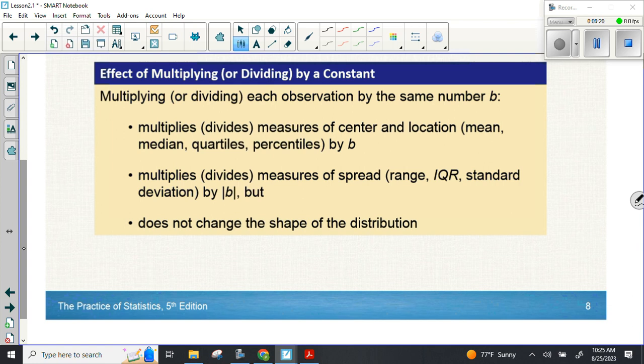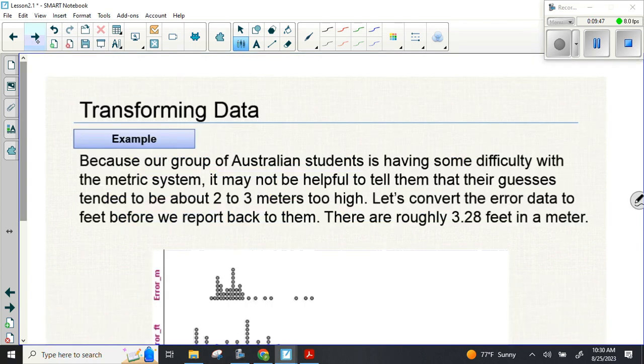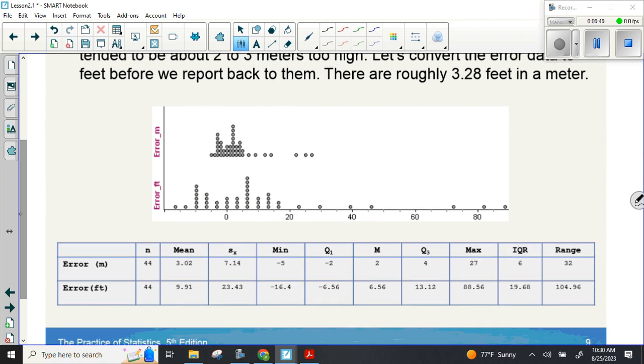What is that going to do? It is actually going to change both your measures of center and your measures of spread, okay? But it will not change the shape of the distribution. We'll get into examples where you would multiply.